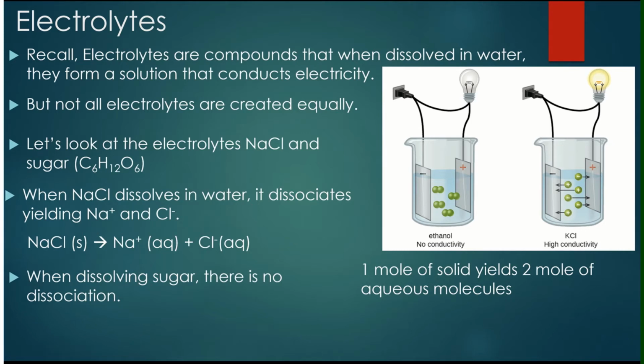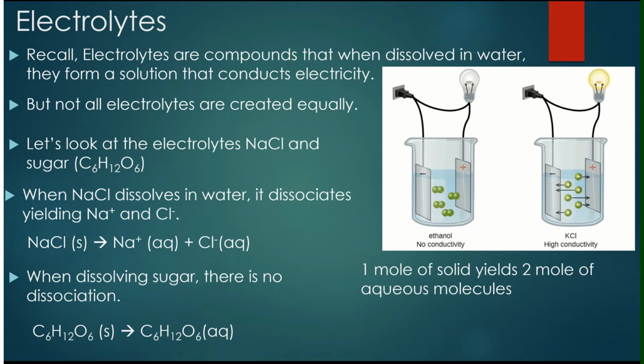Now that's different from a molecule such as sugar, C6H12O6. Sugar does not come apart in water, does not dissociate like sodium and chloride. We do say it dissolves in water because when we look at sugar, when it's a solid, it's all clumped together. It has enough positive and negative charges that it will stick together.